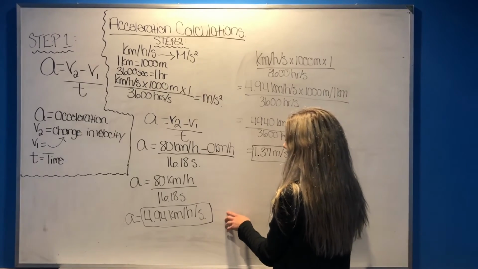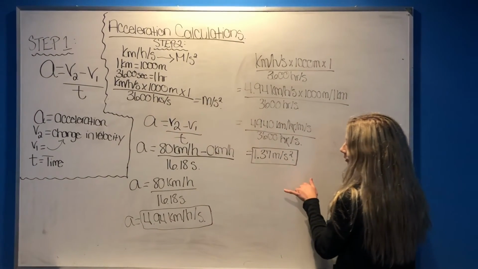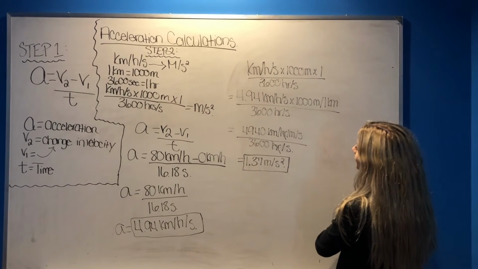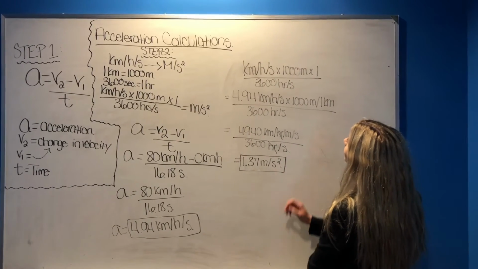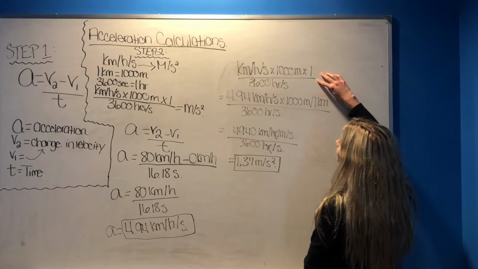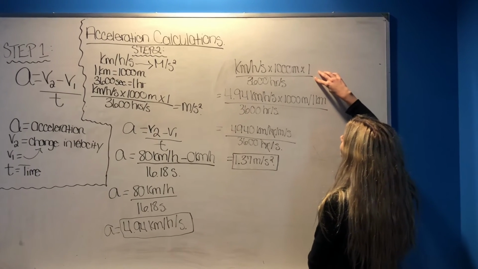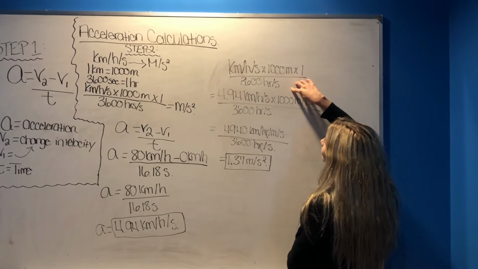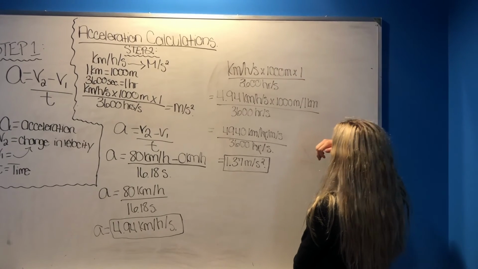So for the second step, we converted kilometers per hour per second to meters per second squared. So the kilometers per hour per second times 1,000 meters times 1 divided by 3,600 seconds per hour.